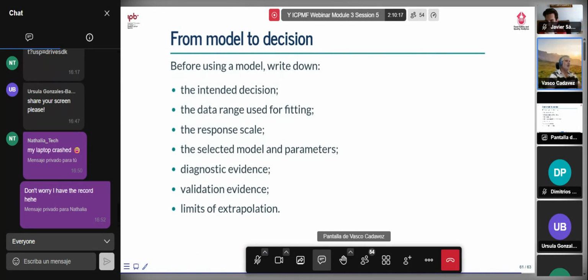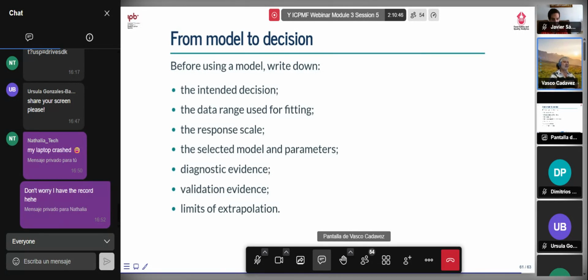Okay, for model decision, before using the model, you need to take some considerations: the intended decision, the data range used for fitting. You need to think on that. You need to check the response scale that you need to use, the selected model and the parameters that you will use, the final model, the best model that you find.